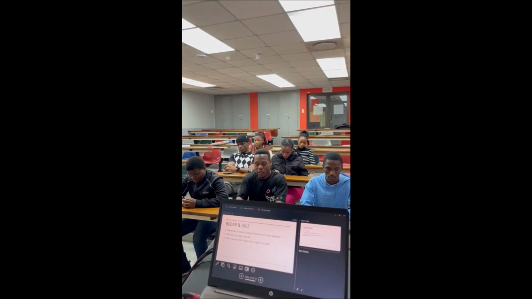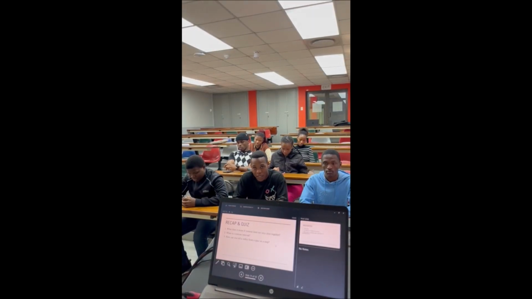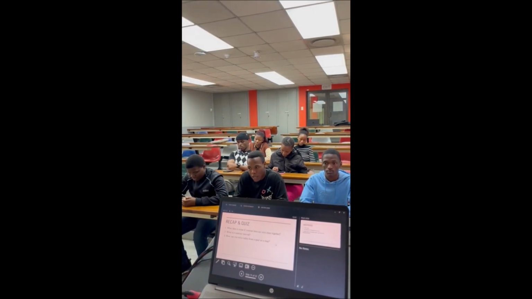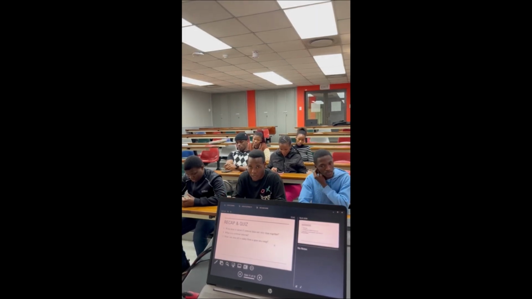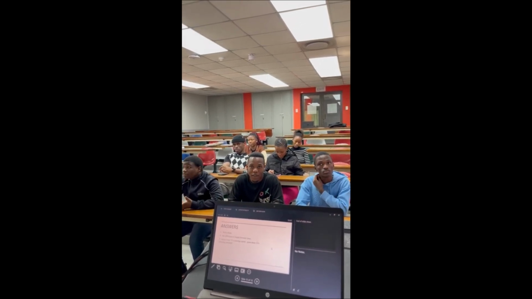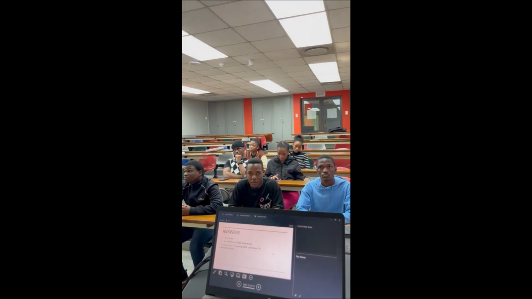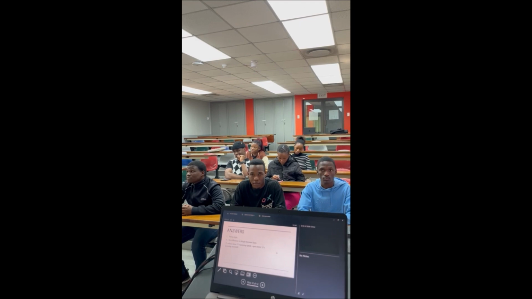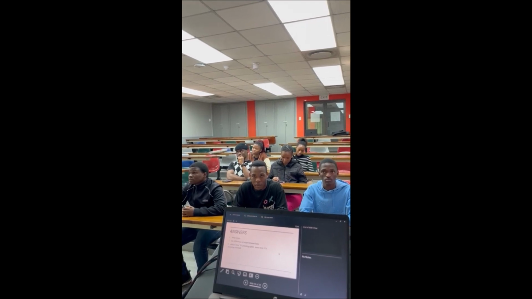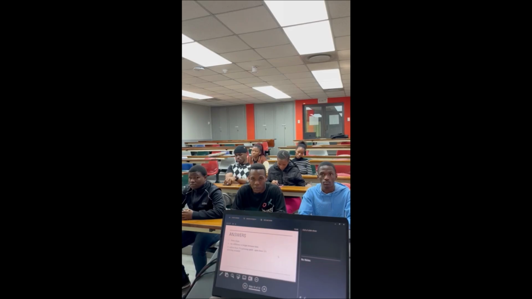A valley forms a V shape pointing uphill, and spurs form a U shape pointing downhill. Yes, that is correct. And that is the end of our lesson.